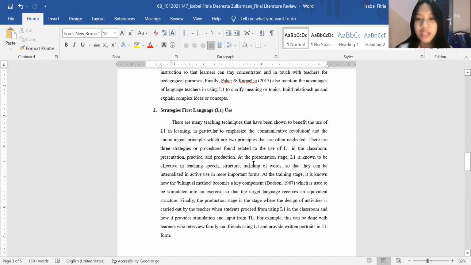So at the presentation stage, L1 is known to be effective in teaching speech, structure, and meaning of words, so that they can be internalized in active use in more important verbs.